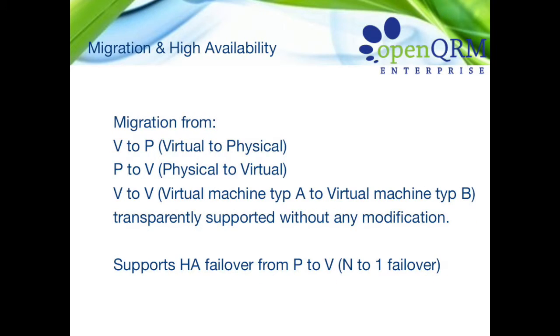Further on, I would like to also tell a very cool feature about migration and high availability. What we can do with openQRM, while everything like storage is abstracted and the physical or virtual machine is abstracted at one point, is support any type of migration from virtual to physical, from physical to virtual machines, and also from virtual machine type A to virtual machine type B. This happens since the PXE stage is completely standardized either for physical systems or virtual machines.